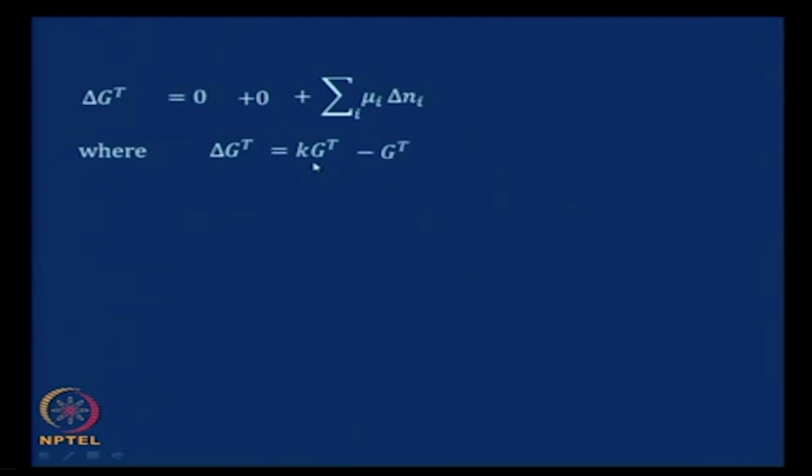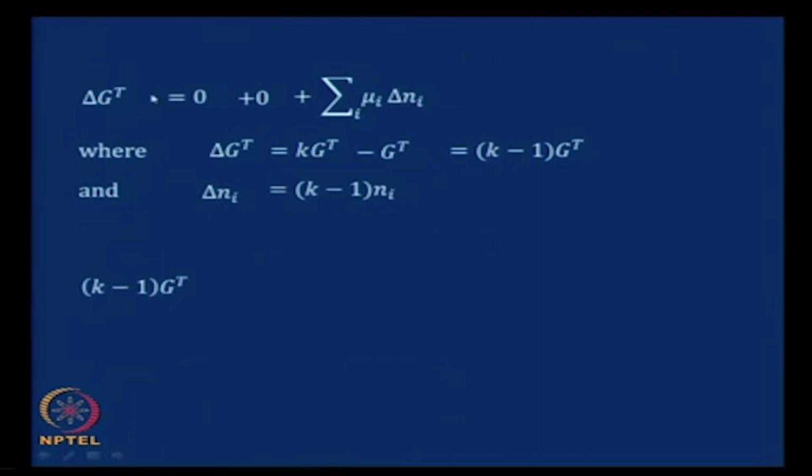Remember I mentioned the difference between the final value and the initial value, and therefore it can be written as k minus 1 times G_t, and our delta n_i is nothing but k n_i minus n_i, which can be written as k minus 1 times n_i.